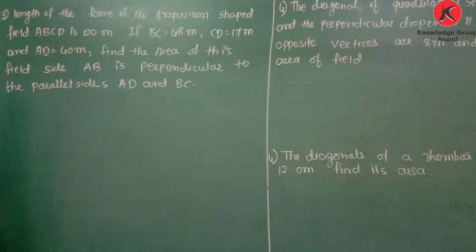Now the next question is: the length of the fence of the trapezium shaped field ABCD is 120 meter. If BC is 48 meter, CD is 70 meter, AD is 40 meter, find the area of this field. Side AB is perpendicular to the parallel sides AD and BC. So first, what is the meaning of the first statement?